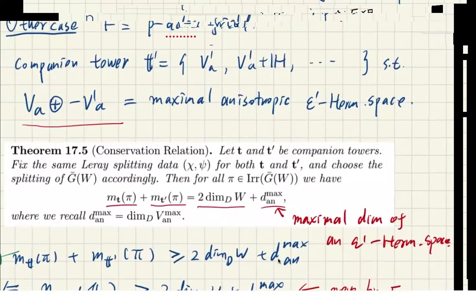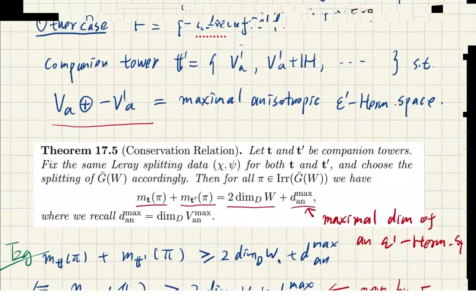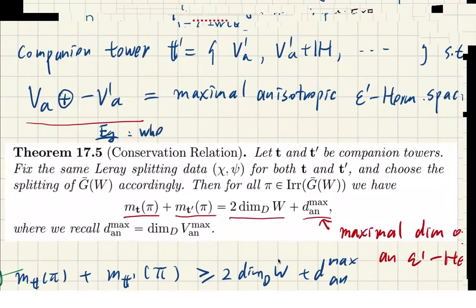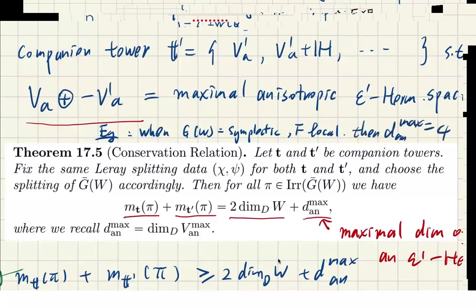The example is that when G bar W is symplectic or metaplectic, okay, maybe I should write G W is symplectic, and the F is local, then this D, A, and max is equal to 4.